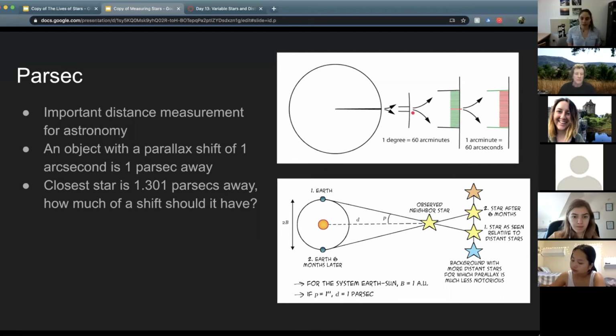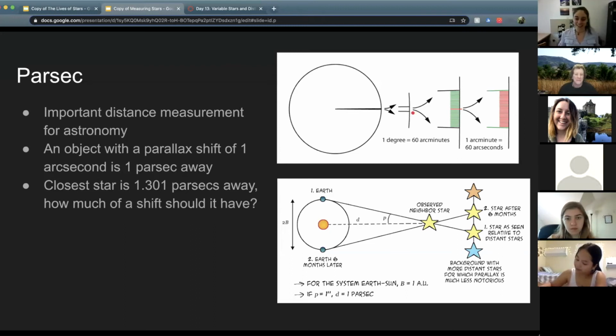With that in mind about what an arc second is, we can now define a new unit called a parsec. This is why astronomers get frustrated when they watch Star Wars and Han Solo says he does the Kessel Run in 12 parsecs. A parsec isn't a unit of time, it's a unit of distance. That doesn't really make sense unless he's somehow weaving around asteroids. Anyways, sorry, that's my little rant.